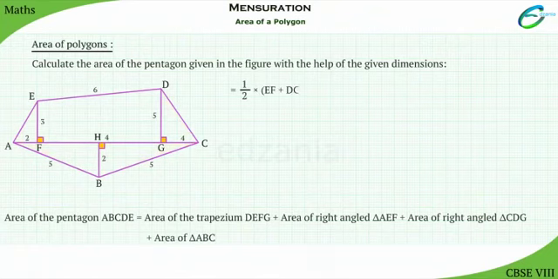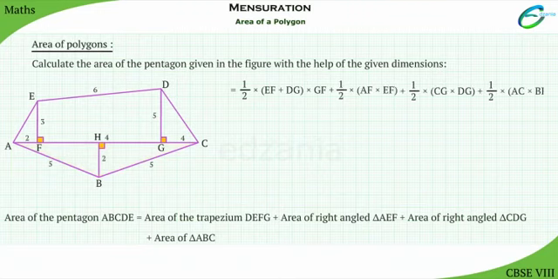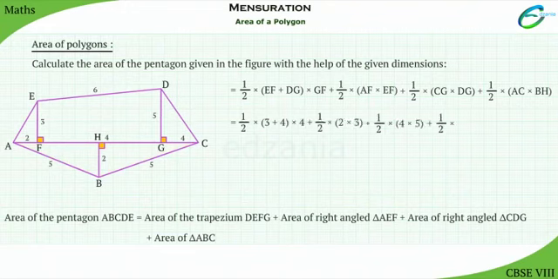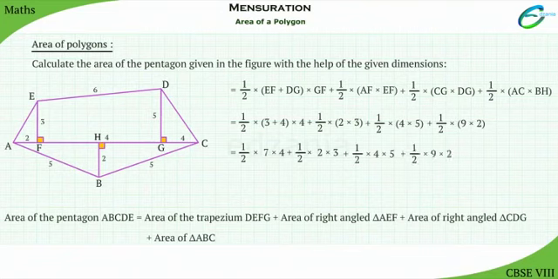Now, using the area formulae, let's calculate the area of the trapezium and the triangles. Let us substitute the values from the figure. Simplifying, we get the area of the pentagon as 36 square units.